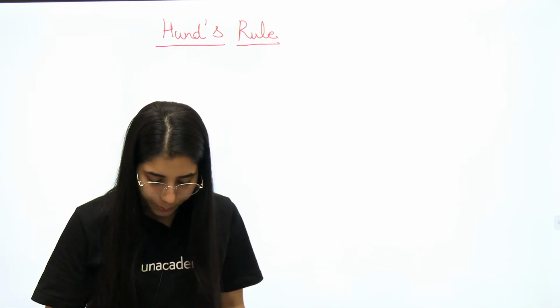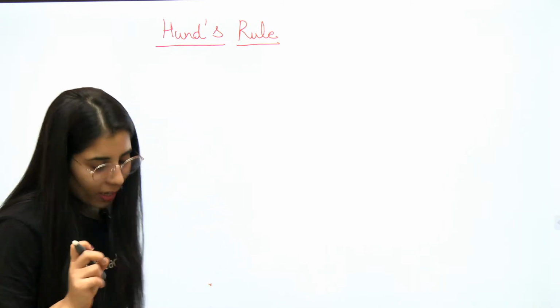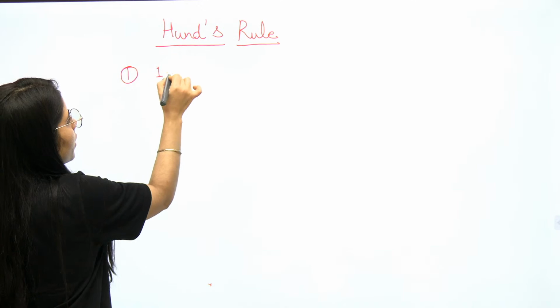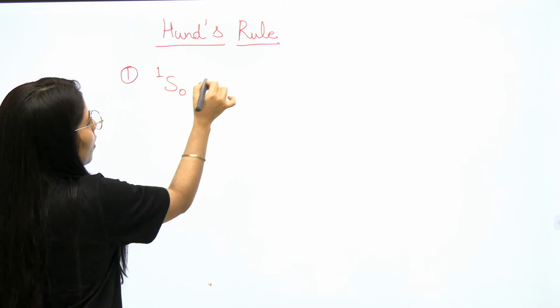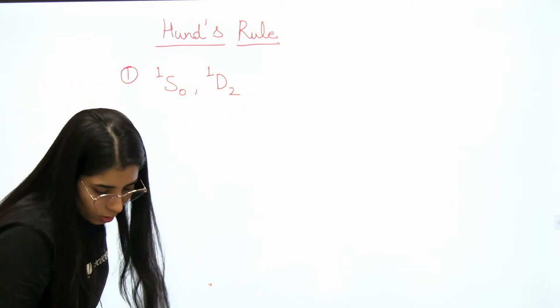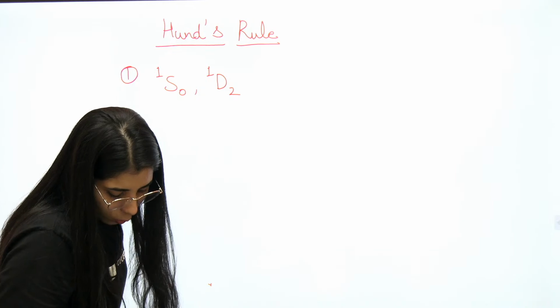Okay, for example, let me just give you one example right now. You can consider the terms, let's say 1S0 and 1D2. The first point I will explain with one example, that is 1S0 and 1D2. Is it 1D2? No, I will consider 2D, 4S 1/2.